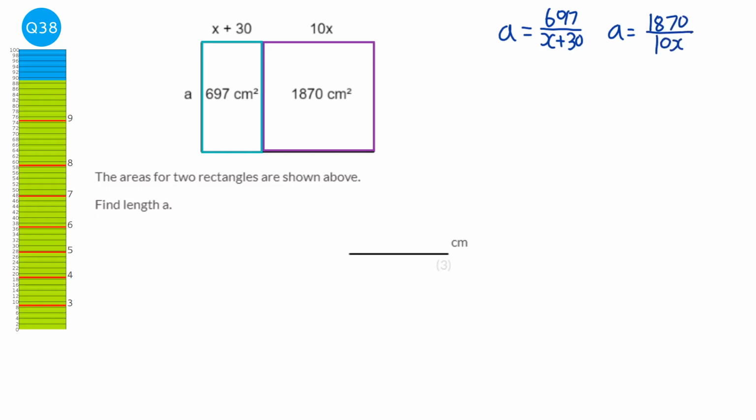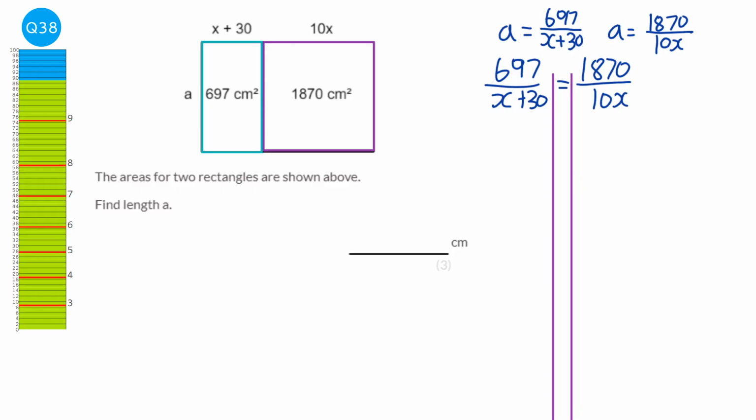Now because both of these are equal to A, we can just get both of these fractions equal to each other. And what we can do is work out what x is going to be. So the first thing I'm going to do is put my lines in, because we are looking to solve. This is probably going to take a while.